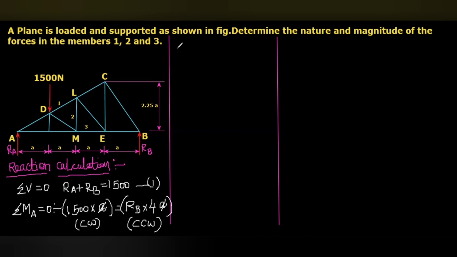So we can write RB equal to 1500 divided by 4. So we will get RB equal to 375 Newton. Then substitute the value of RB in the first equation. Then we will get RA equal to 1500 minus 375, we will get 1125 Newton. So now we calculated the reactions.